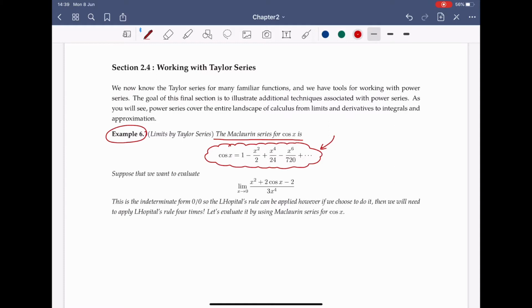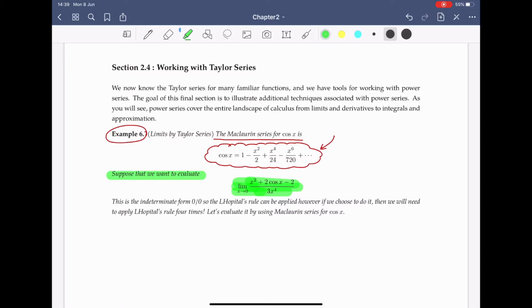And then the main question is, we want to compute the limit of x squared plus 2 cosine x minus 2 over 3 times x to the 4th power, when x goes to 0.